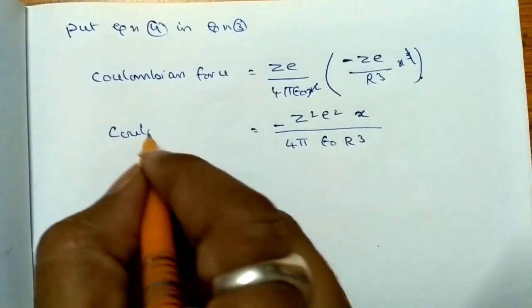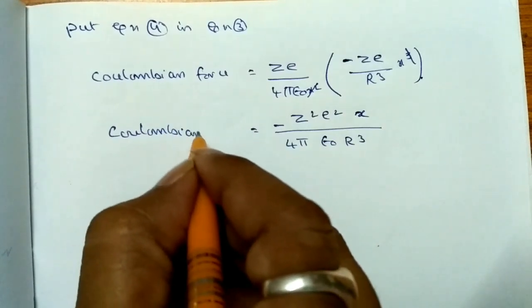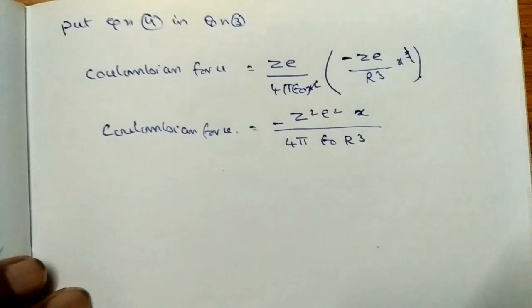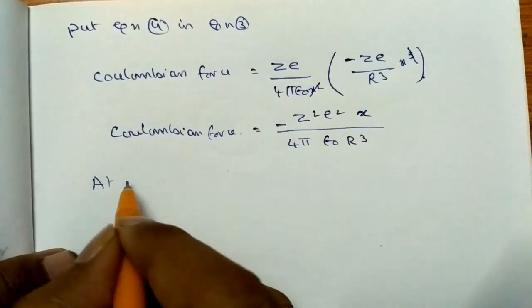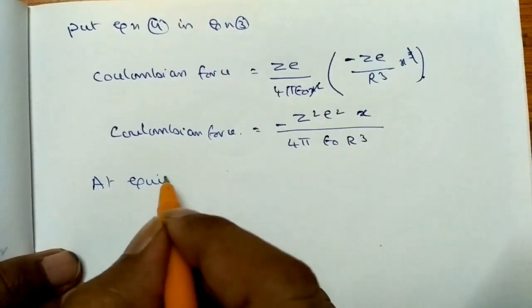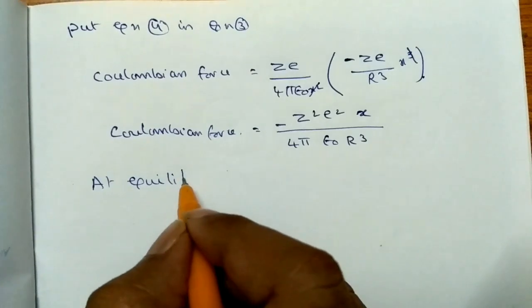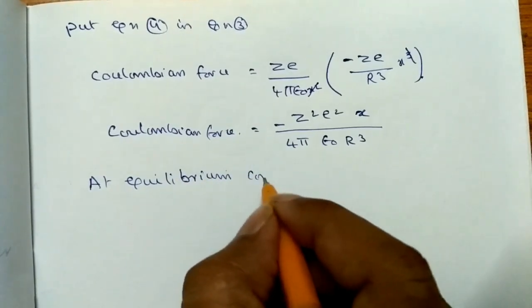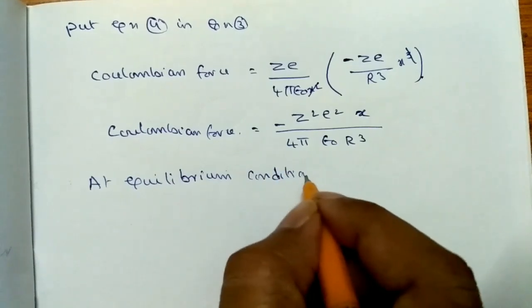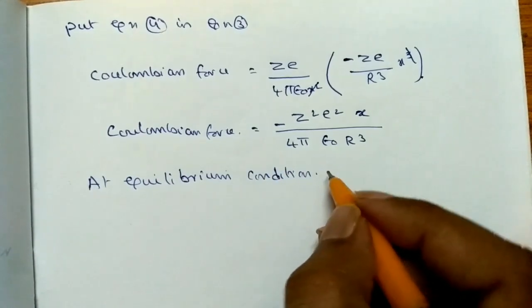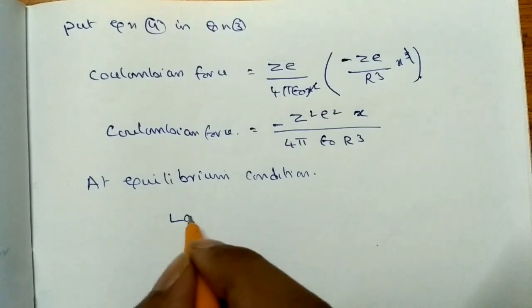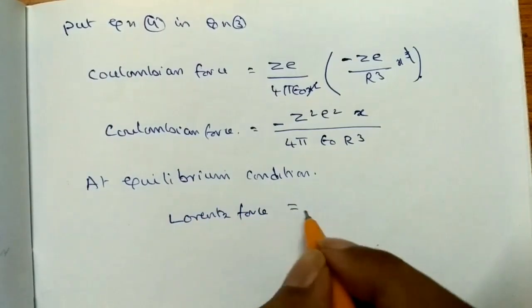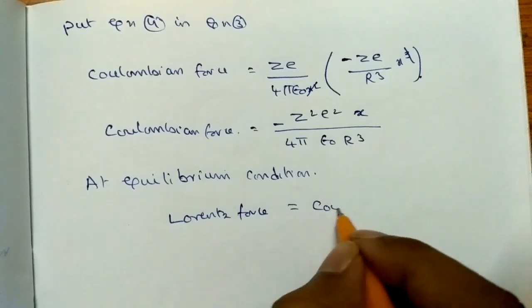That is the Coulombian force. At the equilibrium condition or equilibrium position, the Lorentz force is equal to the Coulombian force.